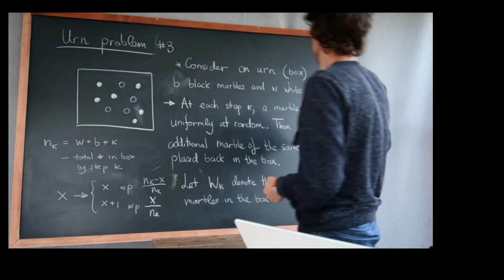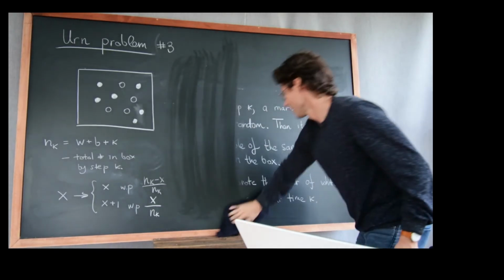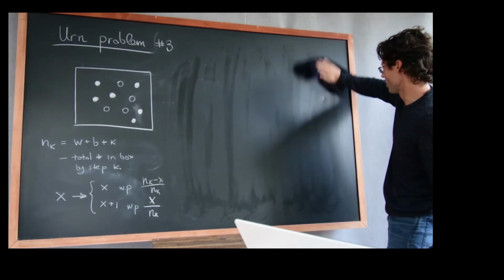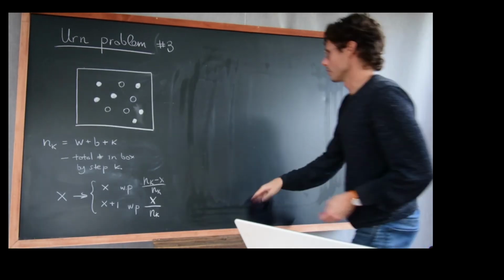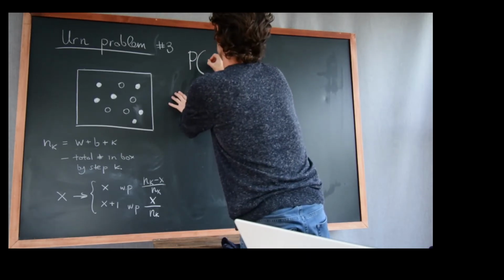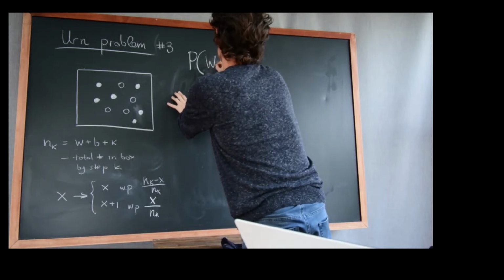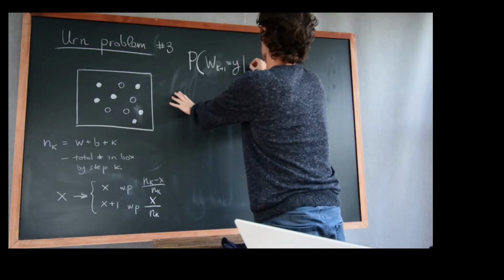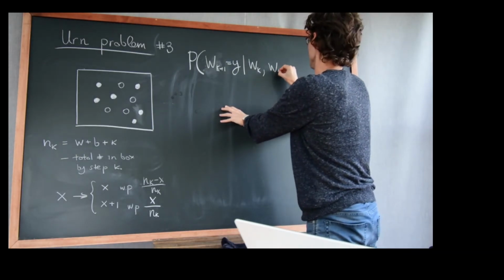To write this out, let's see, I'm going to erase this. So, time homogeneous chains have transition probabilities that are time independent. In here, let's write down specifically what we've arrived at. We have the probability that W_{K+1} is equal to Y, given the entire past history. Right, so we're now going to ask whether this is a Markov chain.